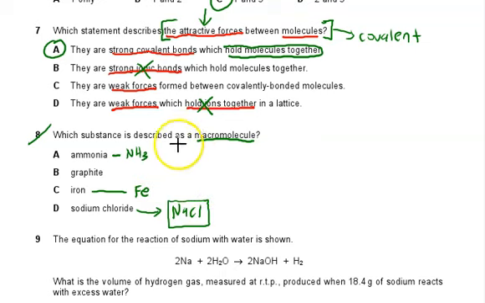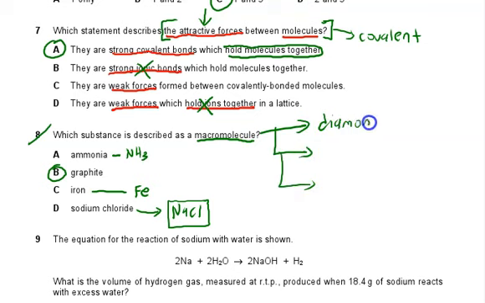So your best answer here will be B, which is graphite. Remember, for macromolecules you have only 3: one is diamond, and we have silicon dioxide, and we also have graphite. Now we move on with number 9.